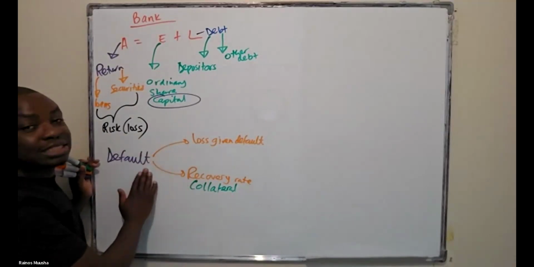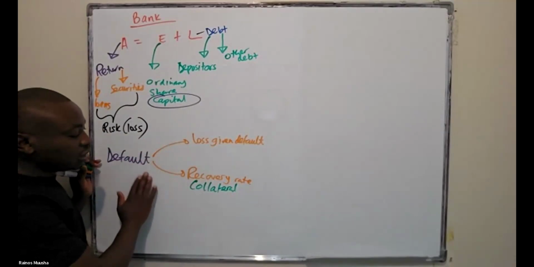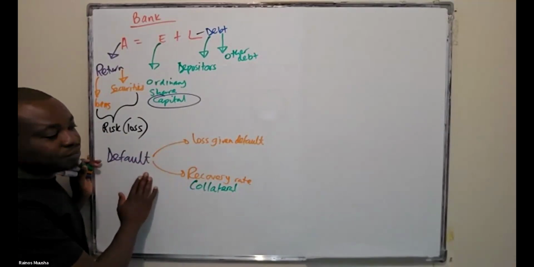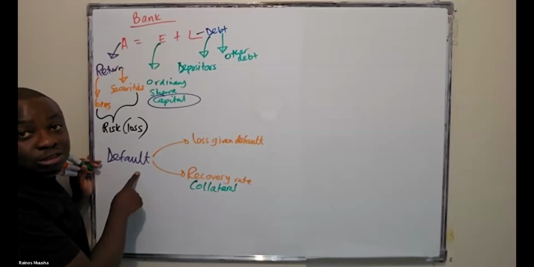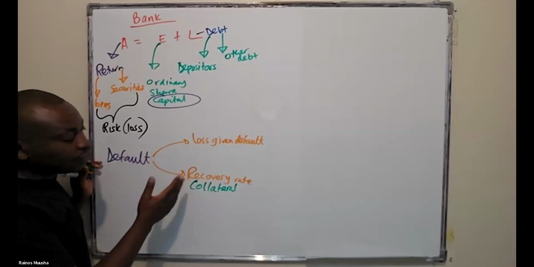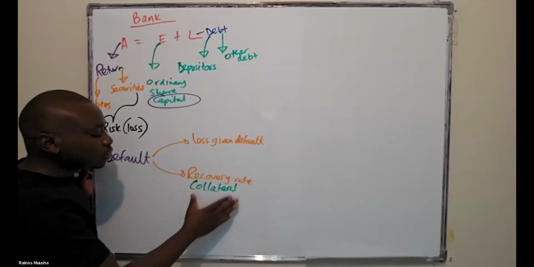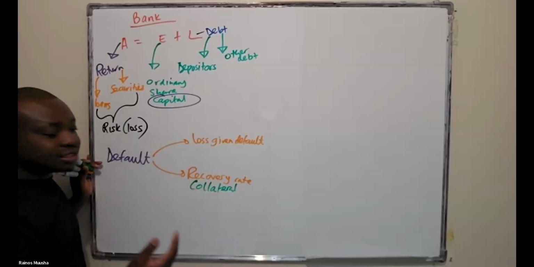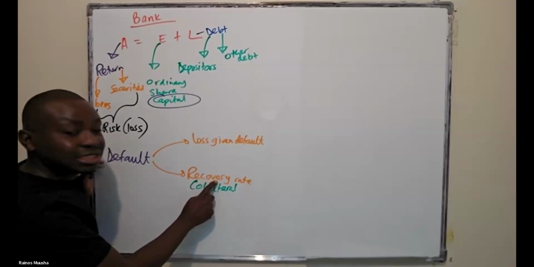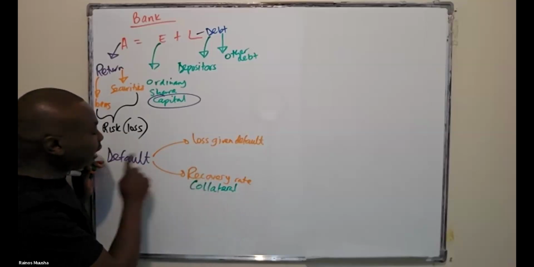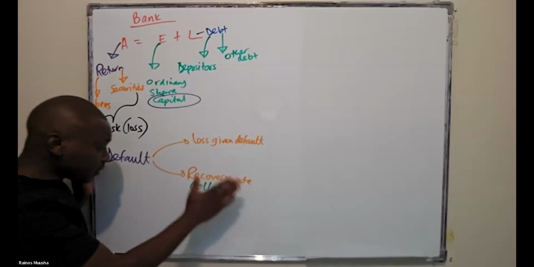The question is, how much collateral did we put against this loan that we gave the customer? Maybe the customer put in a collateral of a house, and this house is going to contribute towards the recovery of what we're being owed, isn't it, right?